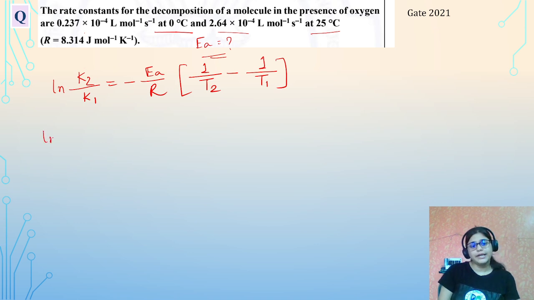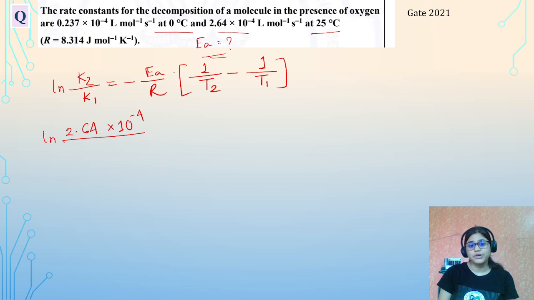Okay. So ln K2, K2 means at 25 degrees Celsius. So this will be the K2, 64 into 10 to the power minus. You can swap K2 and write it as the other one, but then you have to put T2 as 0 degrees Celsius.